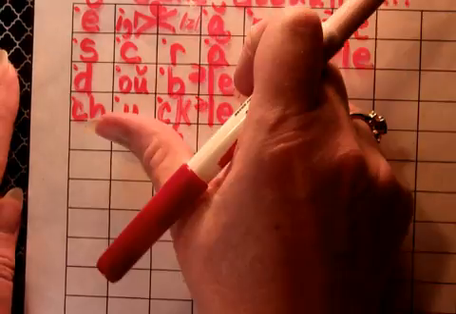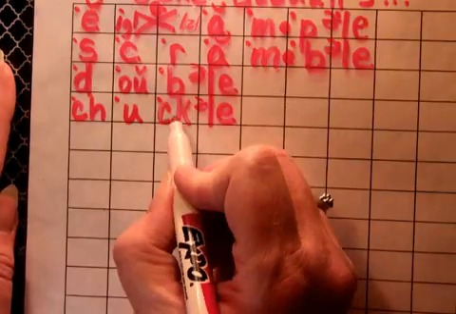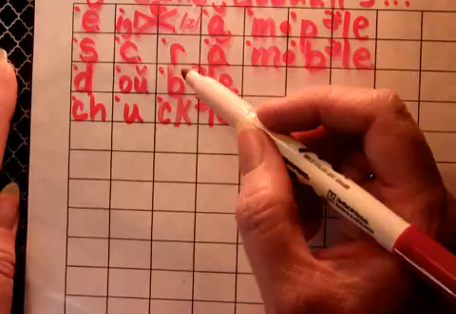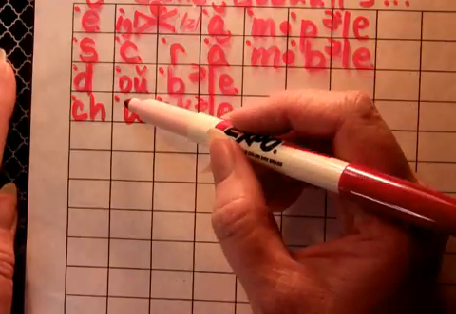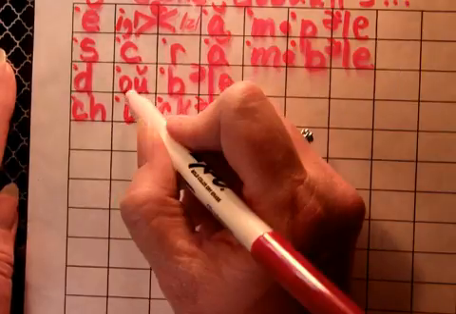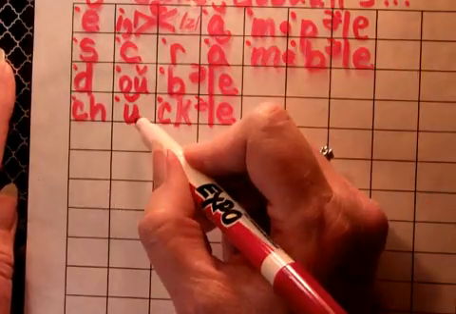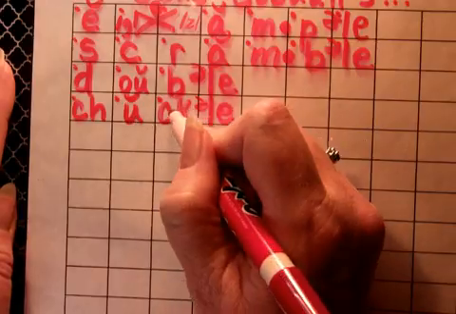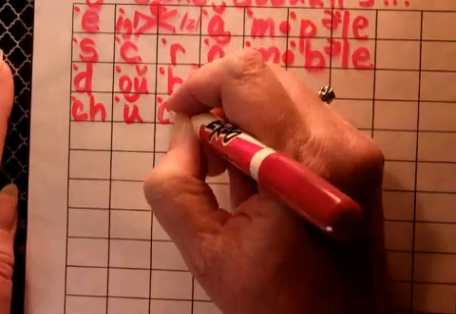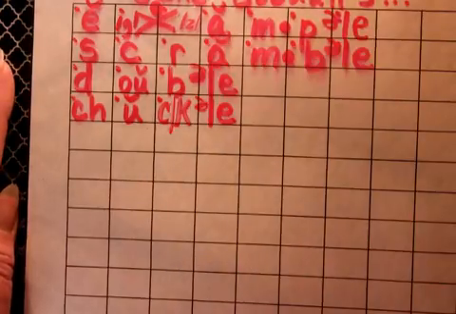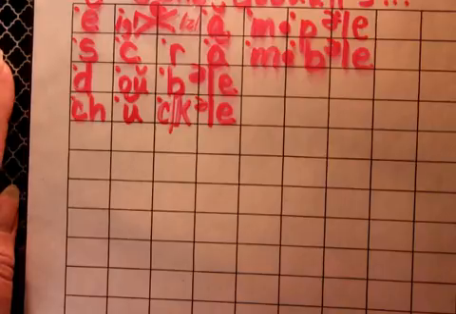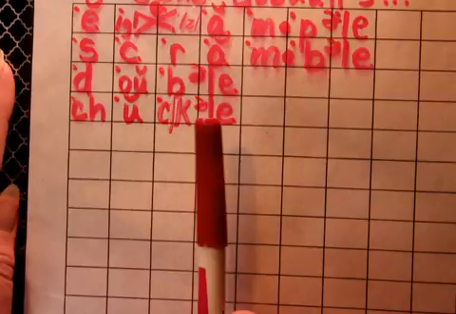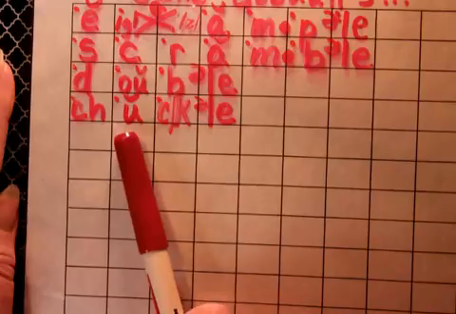When we split the K sound, we usually do a CK. So it'll help us with protecting that U to say the sound. Following a single short vowel, K will be spelled with a CK, which is true, but we're going to split the syllable right here between the C and the K. Chuckle. The K sound goes with the second syllable. The C is only there to protect that short vowel.